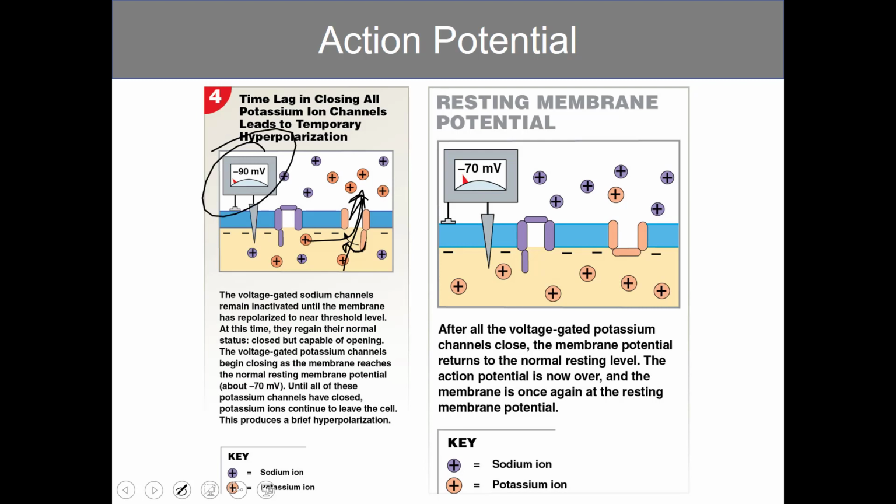Once all of the potassium-gated channels close, sodium's closed, this cell membrane can return to rest, and that's facilitated by the sodium-potassium exchange pump, which is going to kick sodium out of the cell while exchanging it for potassium. And that's going to get us back to negative 70, which is our resting potential.